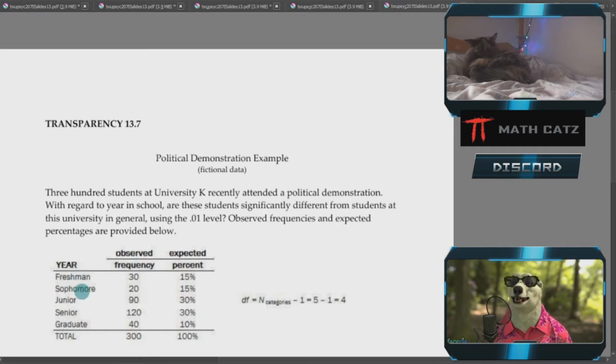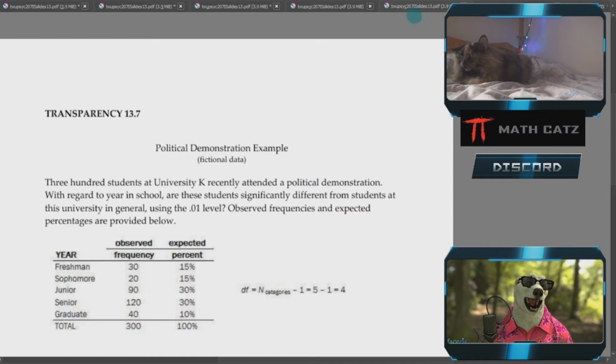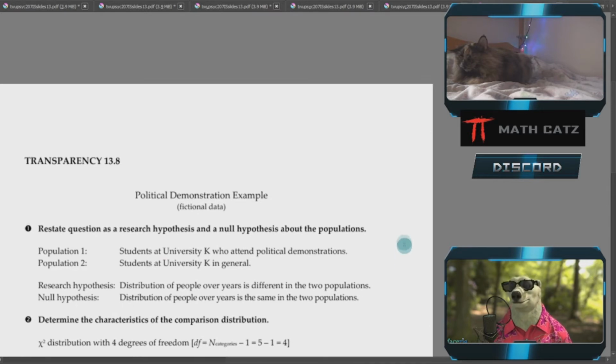Now we have 1, 2, 3, 4, 5 categories in our variable, so our degrees of freedom will be 4, 1 less. So let's set this up before we look at the calculation this time. So our two populations or two groups vary, comparing this political demonstration attendance to attendance in general.